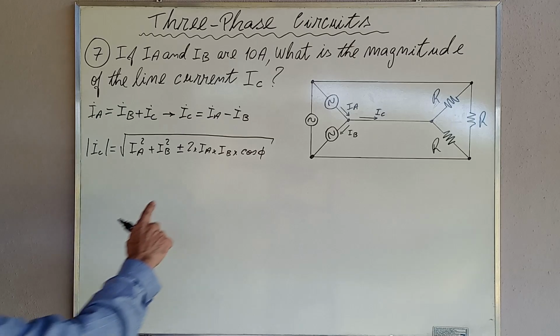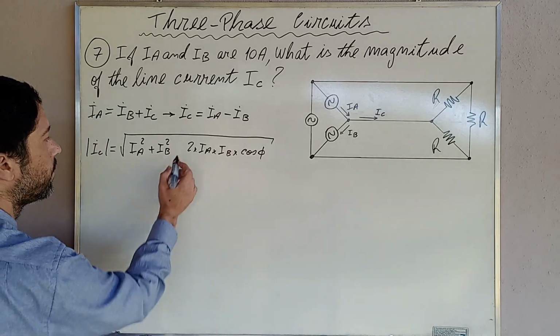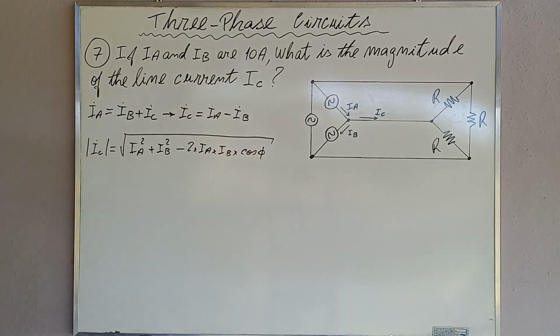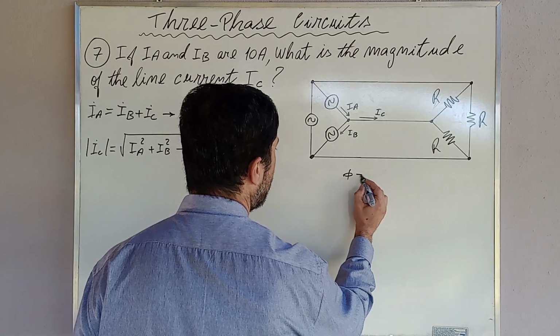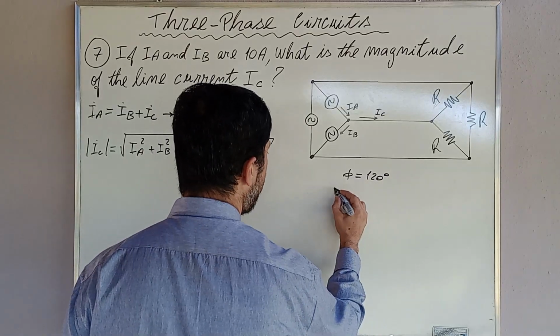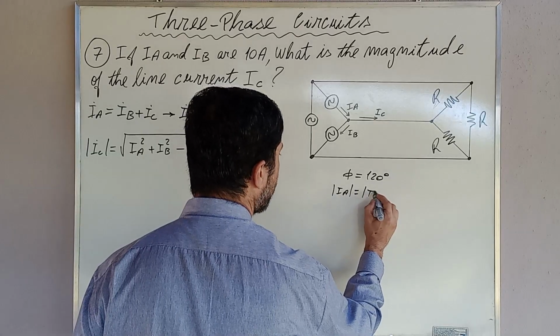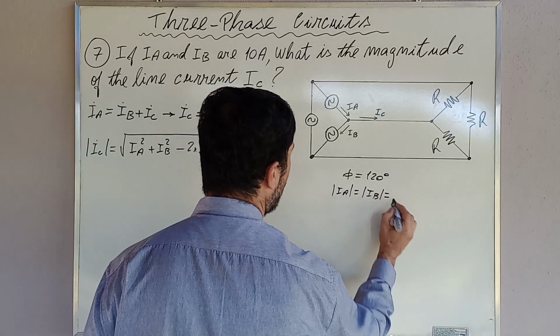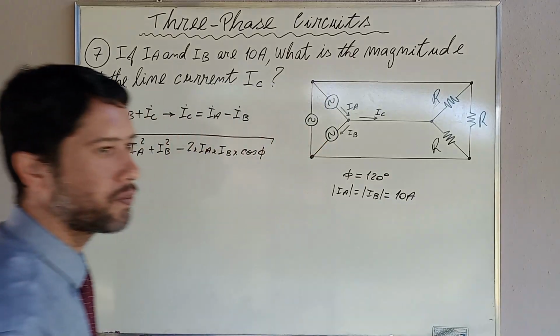Here we are going to use the minus sign. For a balanced three-phase system, the angle is 120 degrees. And the magnitude of IA is equal to the magnitude of IB, which is equal to 10 amps.